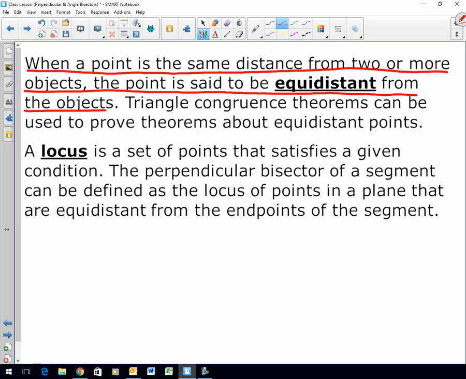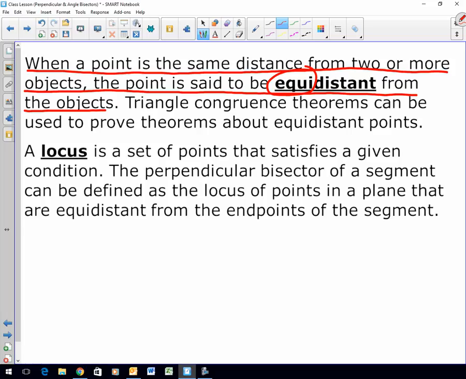Watch television, right? So anytime you see this little word right here, EQUI, you're probably going to be thinking the same or equal or the same amount. So equidistant. Everybody say it. Equidistant.